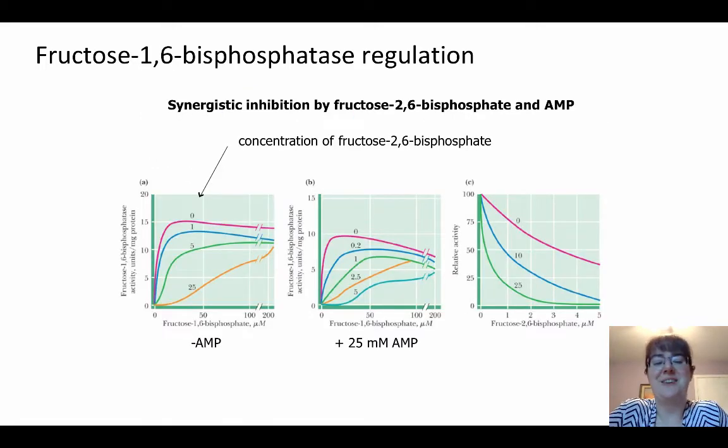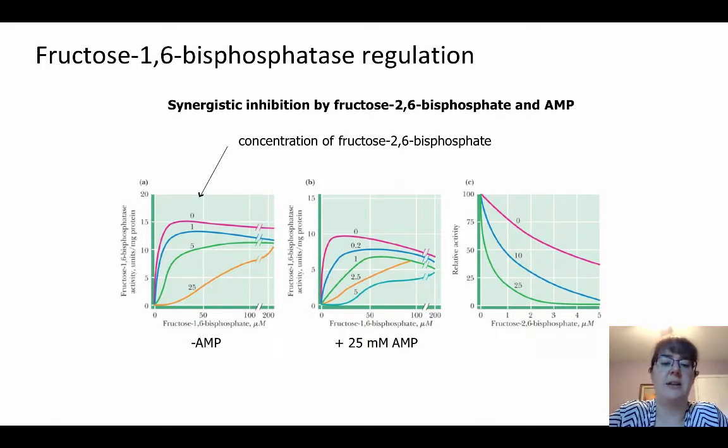What you see here on the far left is increasing concentrations of fructose 2,6-bisphosphate by itself, and the more of that you add, the lower the activity. Then if you've added fructose 2,6-bisphosphate as well as AMP, these things go together and you get even greater inhibition. Finally, that last one looks just at fructose 2,6-bisphosphate and relative activity.